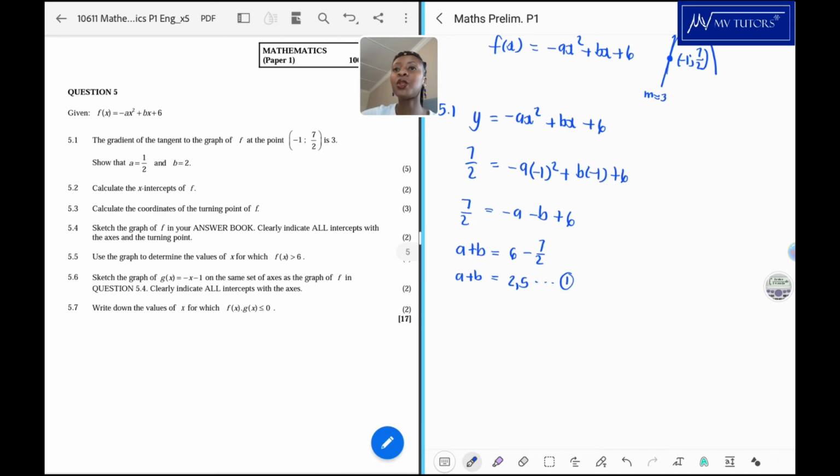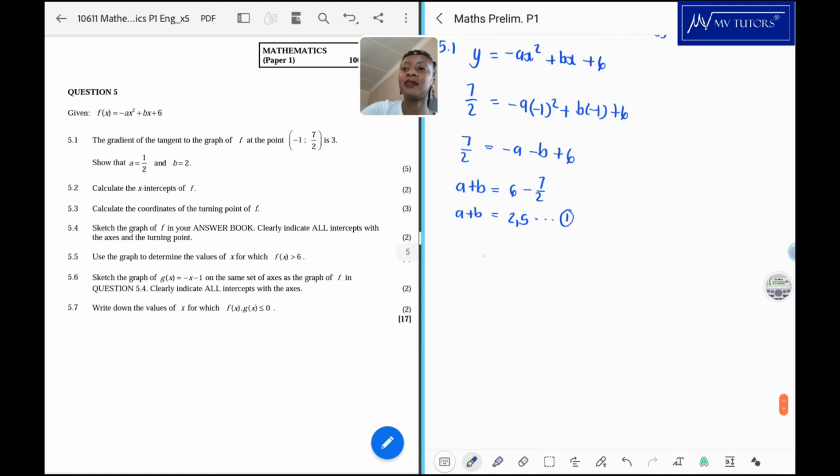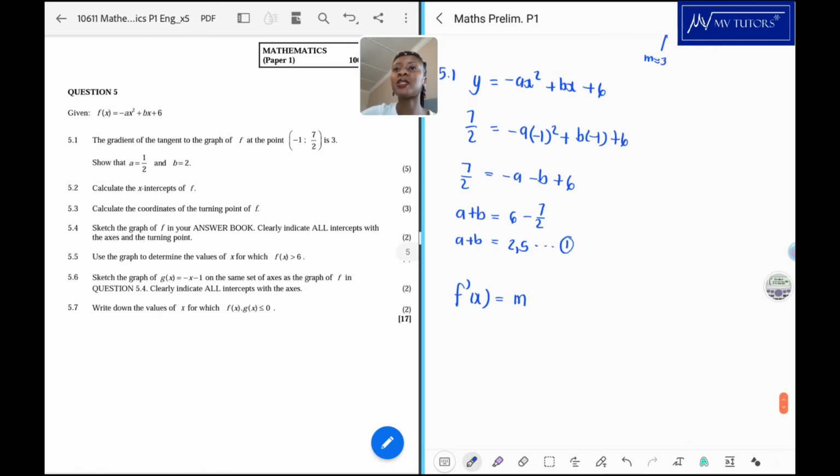Okay, so we know that if I get the first derivative of f, that is equal to the gradient. So what is the first derivative? Remember our equation is negative ax squared plus bx plus 6. We take down the 2, so I have negative 2ax, and then plus b, and the 6 just falls away.